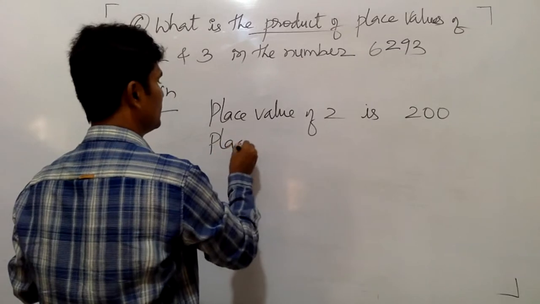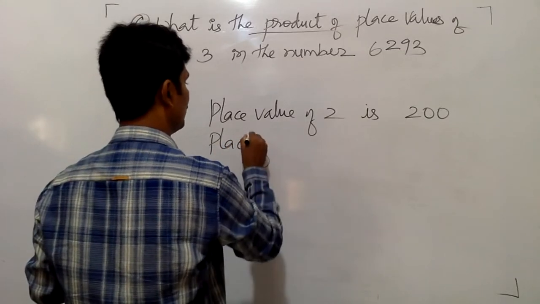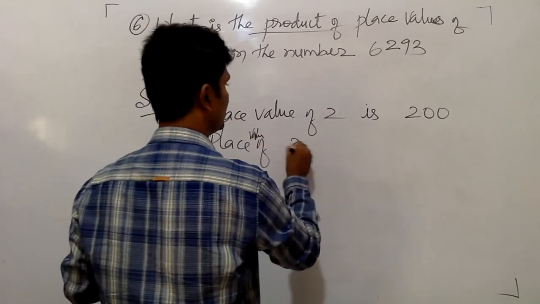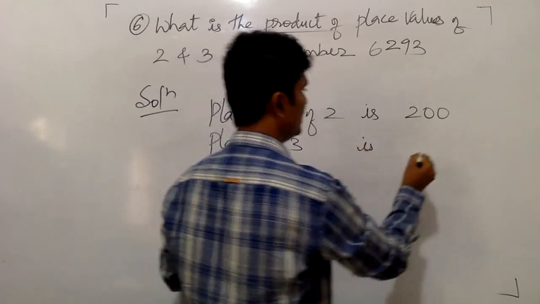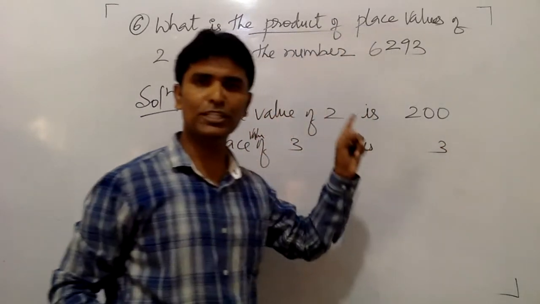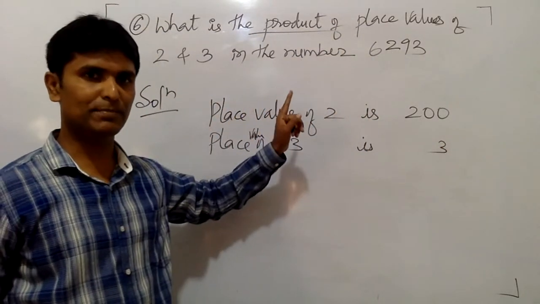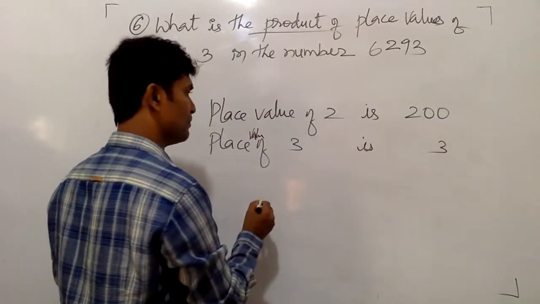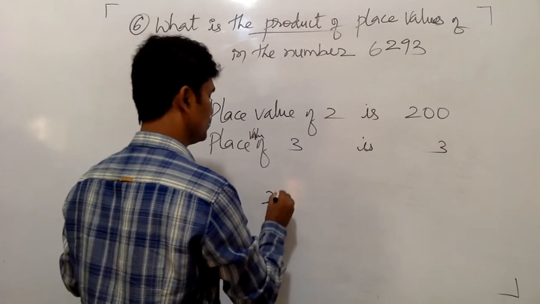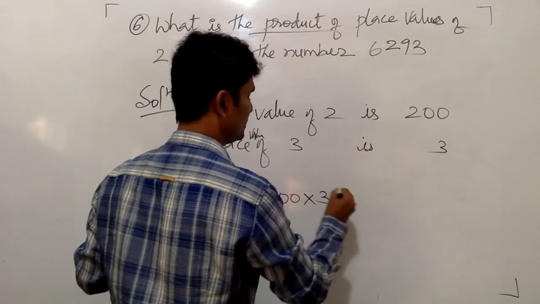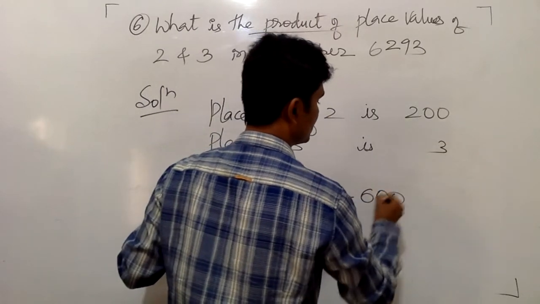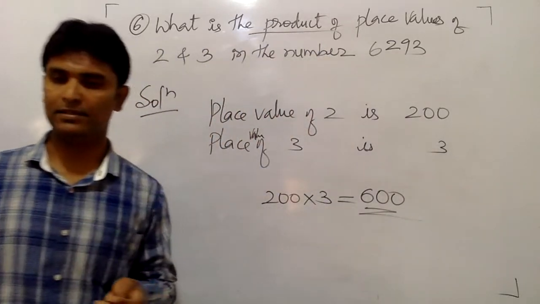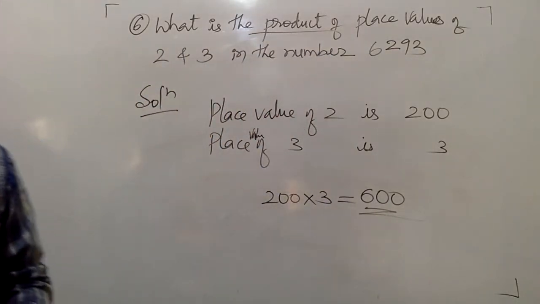Place value of 3 is 3 only, because it is in units place. Then we have to multiply these two. 200 into 3 will become 600. 600 is the answer.